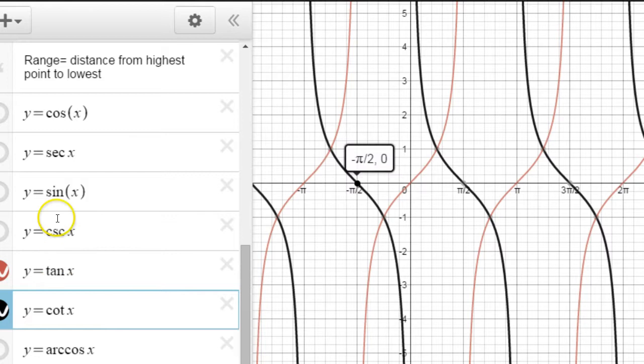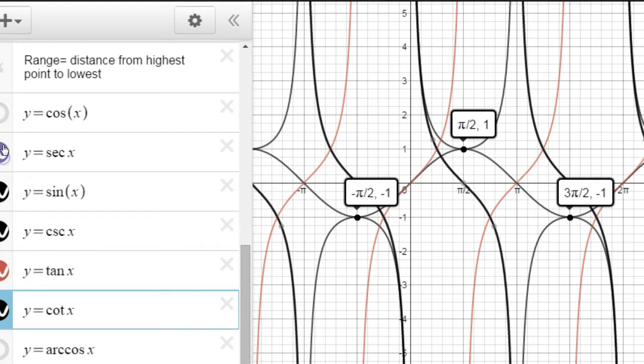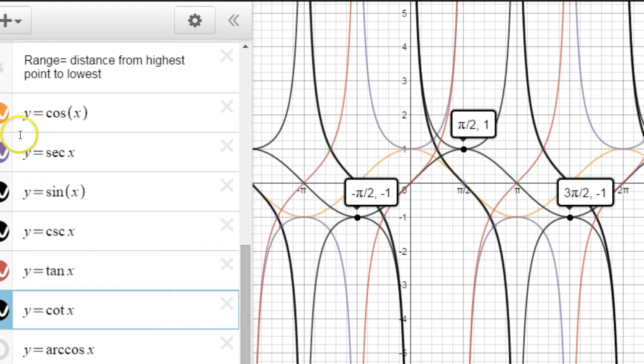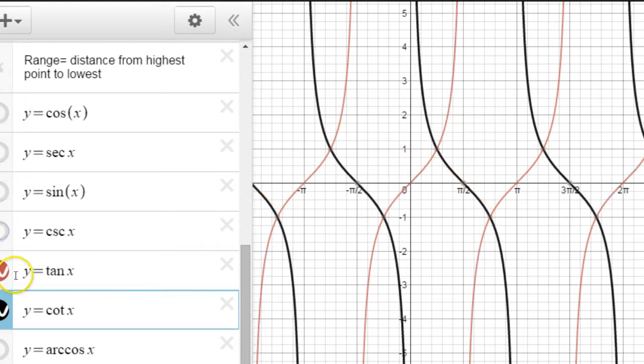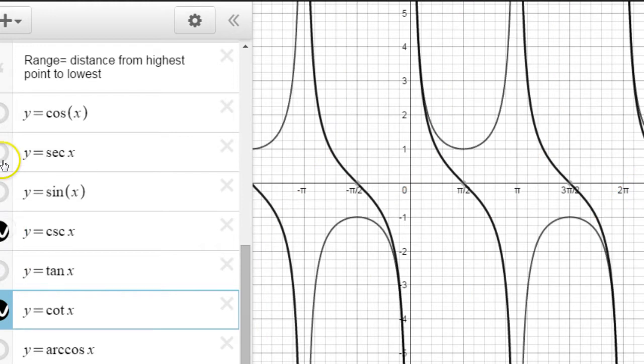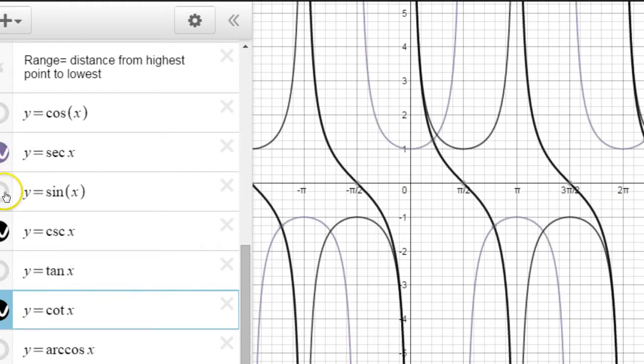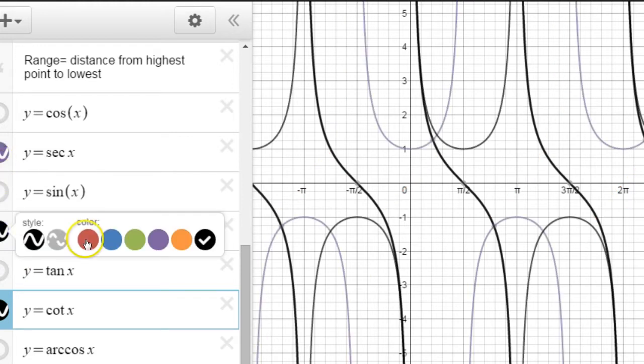Now the awesome thing is when you have Desmos like this, you can actually graph all of these pretty easily by just typing them out. And yes, cosecant, secant, and cotangent actually follow the same rules. Let me go ahead and have all these right there. Let's do red. There we go.